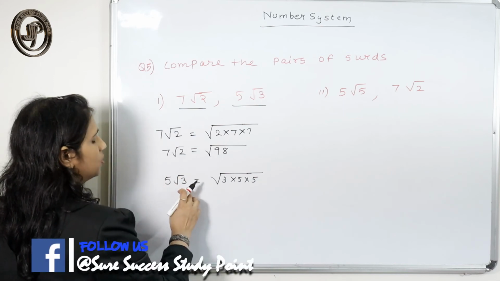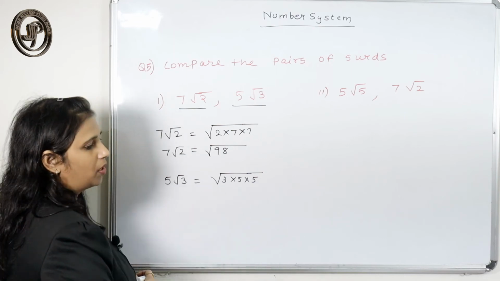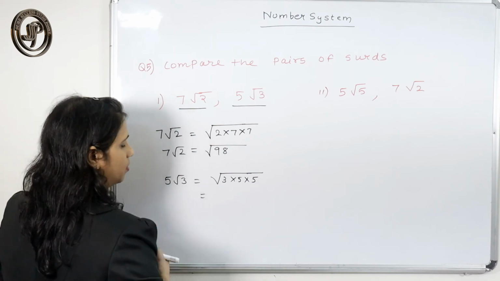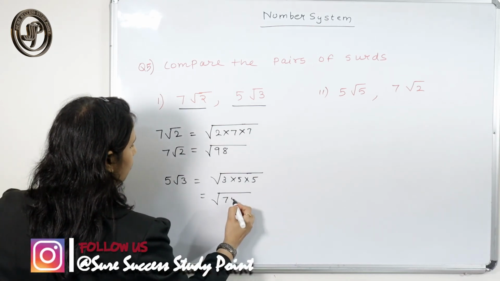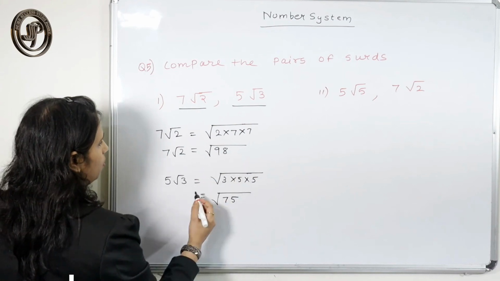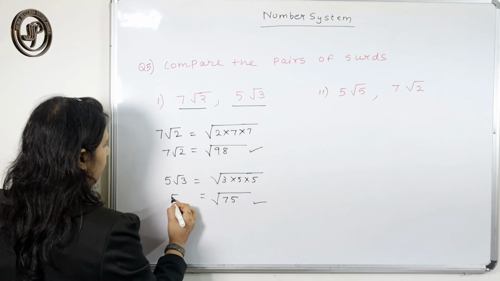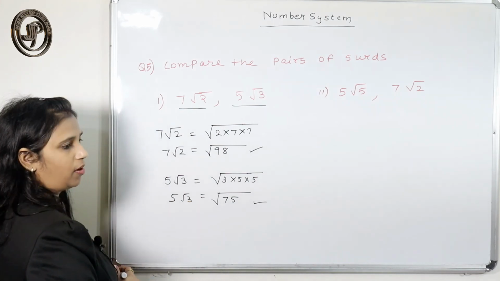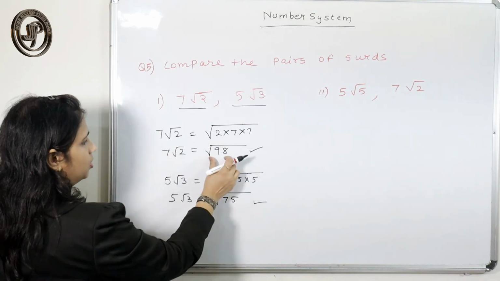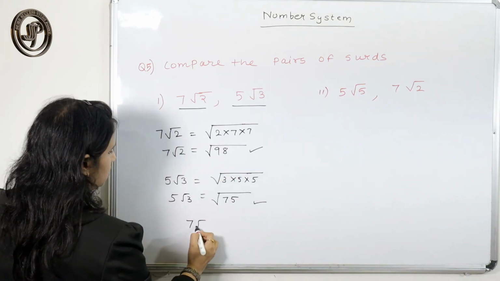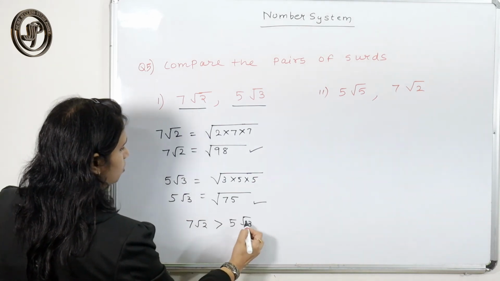If you bring this 5 inside the radical, then you have to multiply it twice. If you multiply this, you will get 75. Now the first result is 98 and the second, 5 root 3, is 75. Out of these two, which one is greater? This is greater. So you can write 7 root 2 is greater than 5 root 3.